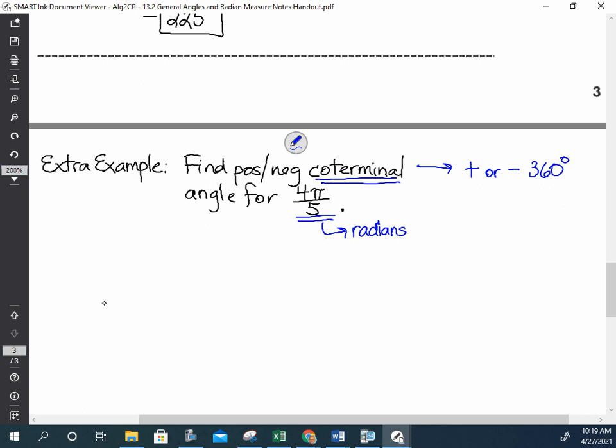They gave us the angle 4 pi over 5. We're going to change that angle to degrees. To change it to degrees, we multiply by 180 over pi.